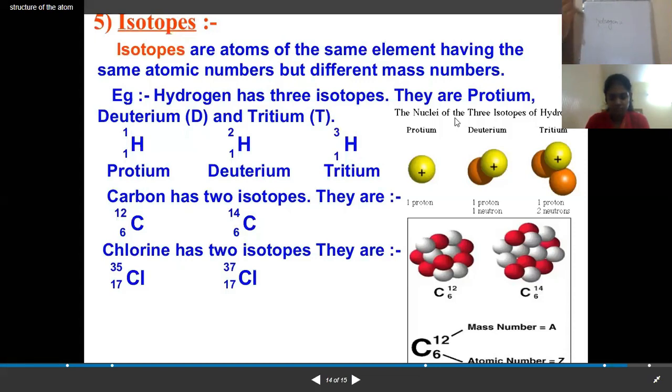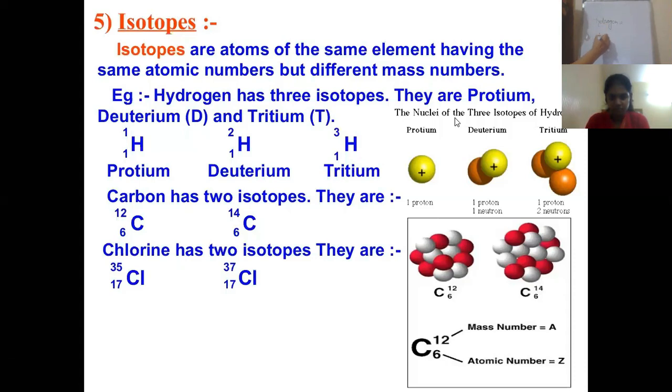Now let's discuss. These species are known as isotopes. You can see their atomic number is the same, and you know that atomic number is associated with the number of protons.